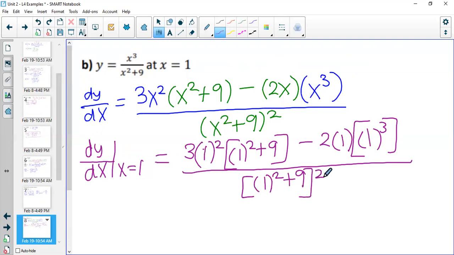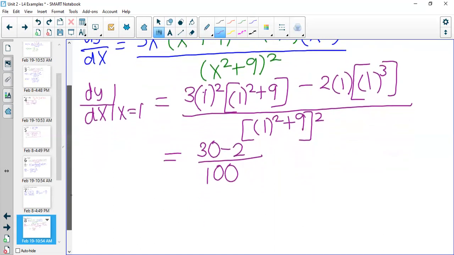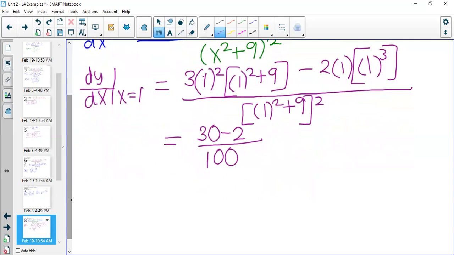So that's going to give me 30 minus 2 over 100, which would be 28 over 50, which we can simplify to 7 over 25. Very straightforward.